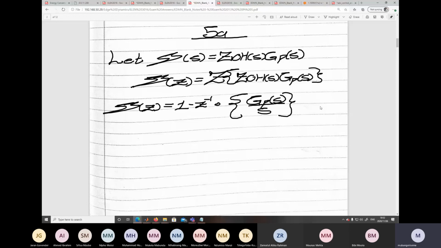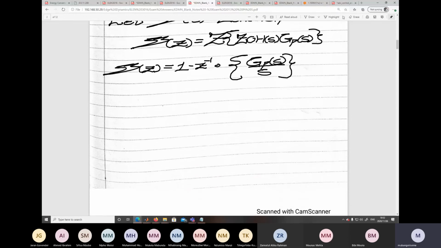So at this point, you want to focus on GP of S over S. This integrating action you have over here is going to be equal to S plus 2 all over S squared times S plus 1. Okay, cool.